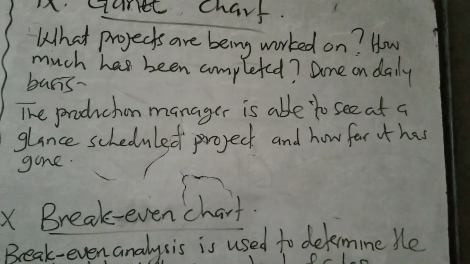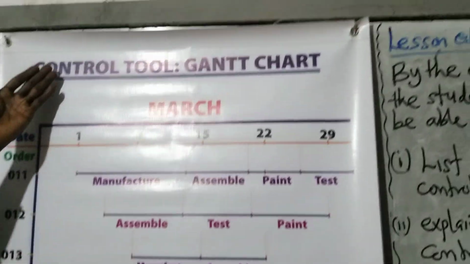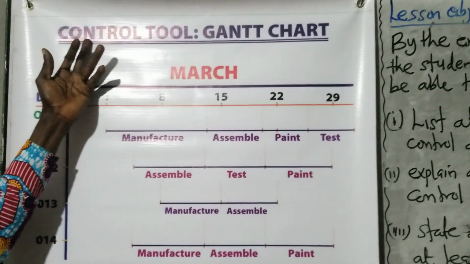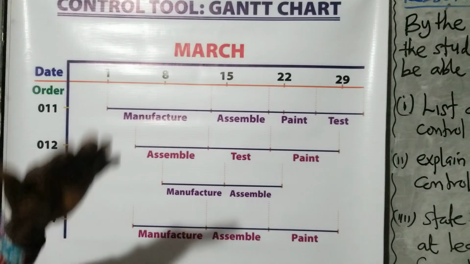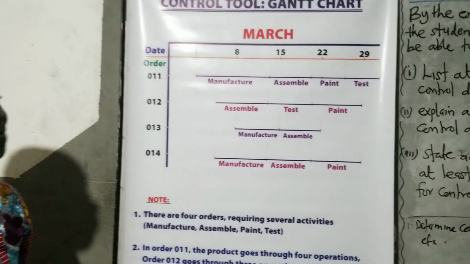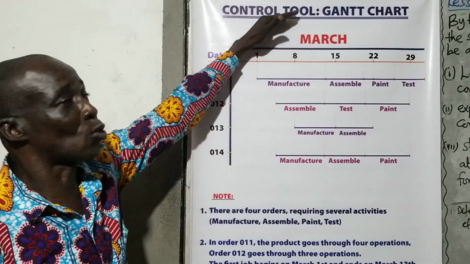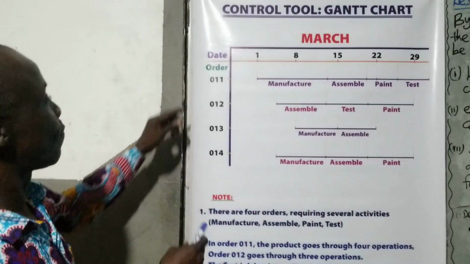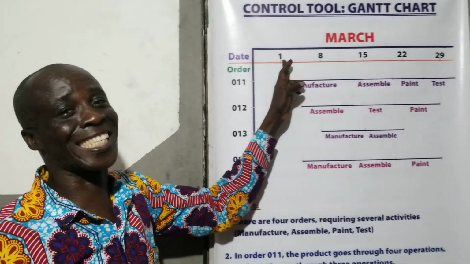Now let's go to the chart. So we are looking at control tools, and one of them is Gantt chart. Now, assuming I'm a production manager. So in March, this was the chart. And if you look at here, this is the date. This one tells us that was 1st March.